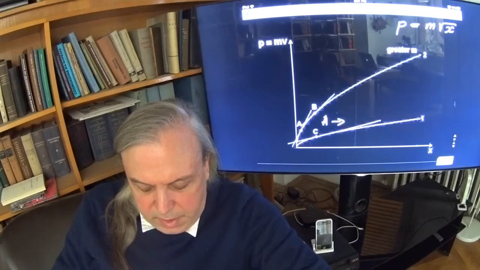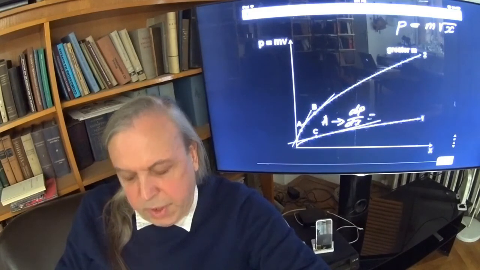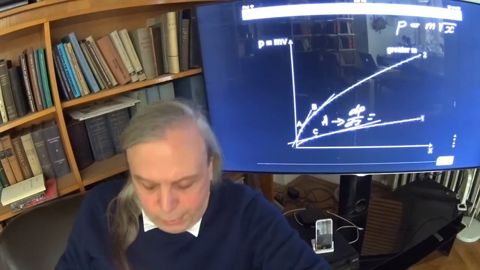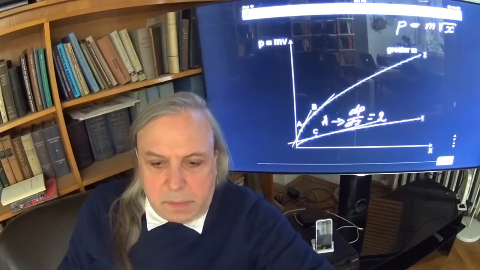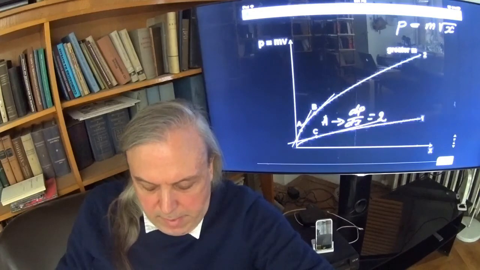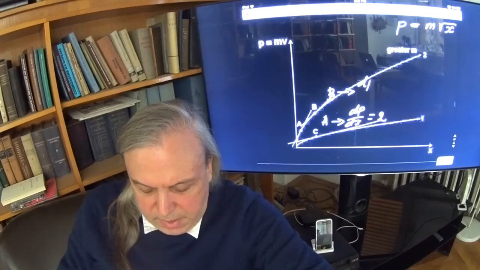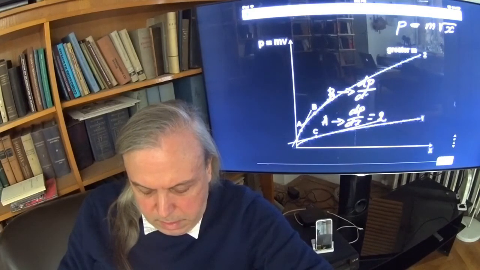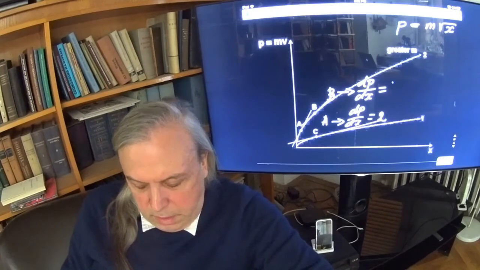the slope dp/dx is equal, say, to 2, just to make things simple. Now, at point B, there's also a slope, dp/dx, of value, say, 1.